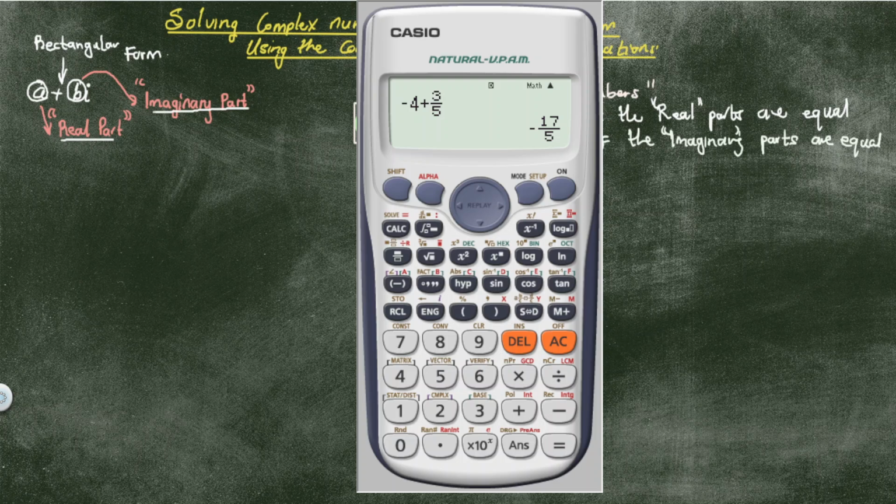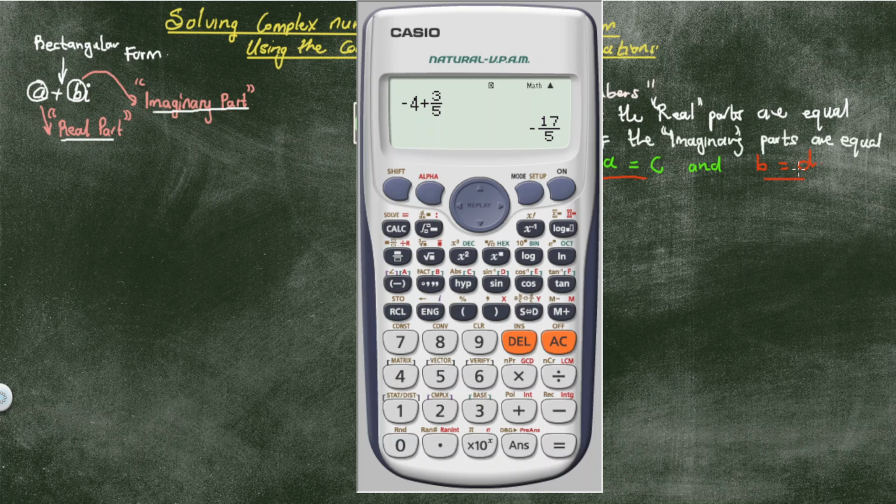Meaning that the B, of course, along with the sign, if this is equal to this. Okay, so if A is equal to C and the B is equal to D, if this is satisfied, it means that the two complex numbers are equal, right?